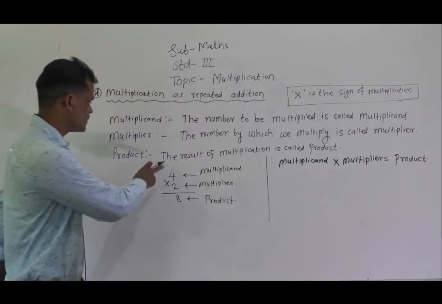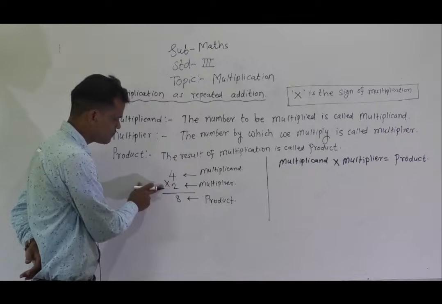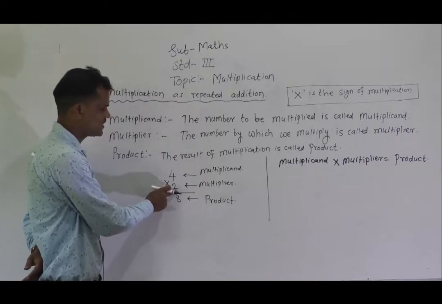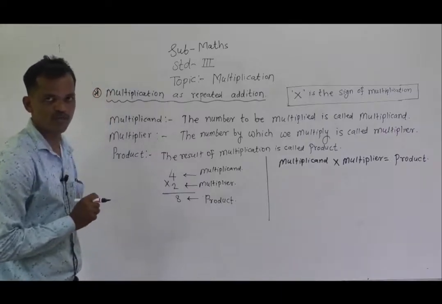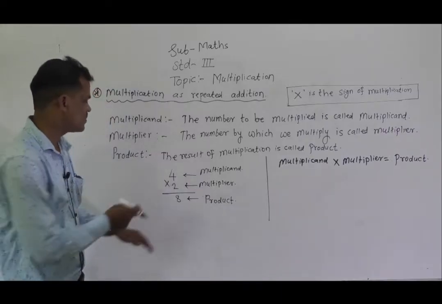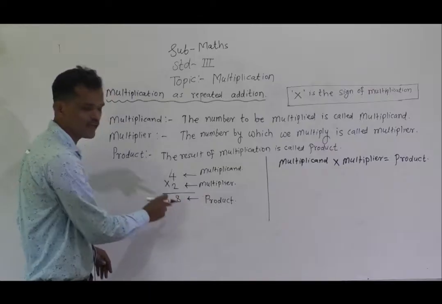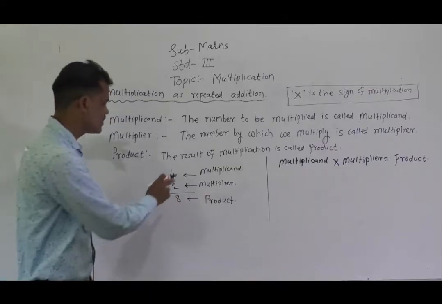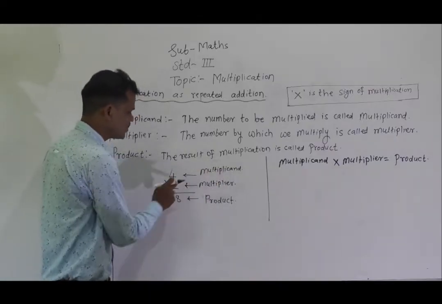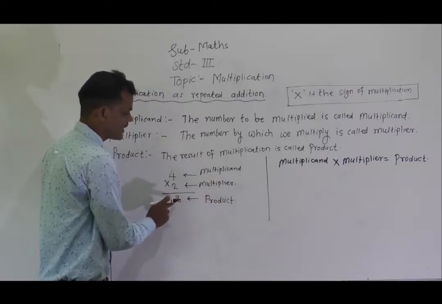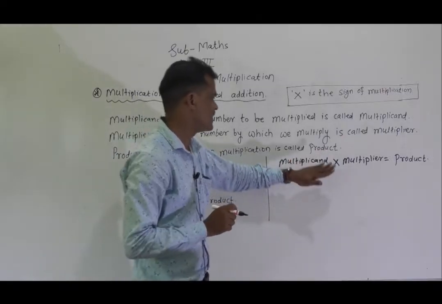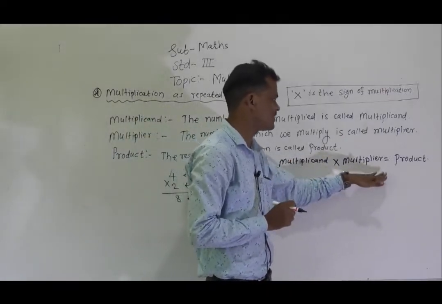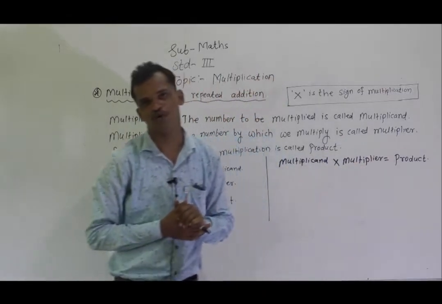See here, 4 multiplied by 2, or we can say 4 into 2. What will be the answer? 2 4s are 8. So 4 is the multiplicand, 2 is the multiplier, and 8 is the product. In another way, we can say multiplicand into multiplier is equal to product.